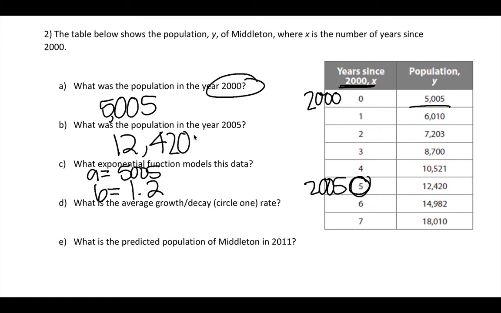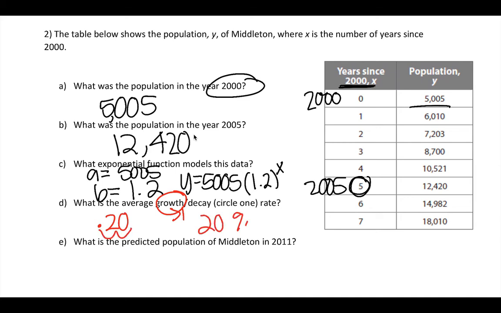So if I were to write an equation, it'd be y equals 5,005 times 1.2 to the x power. And then it's asking, is it growth or decay? Well, it's growth because it's greater than 1, right? And it's growth by 0.20, or if I move that decimal over, 20%.